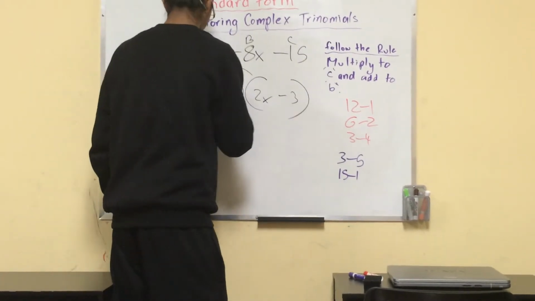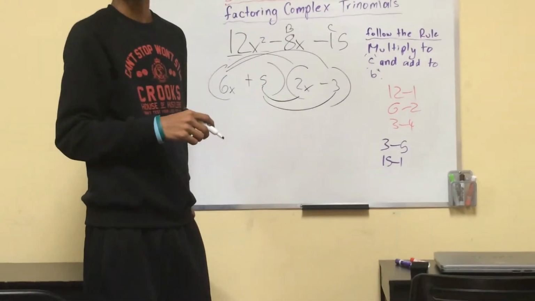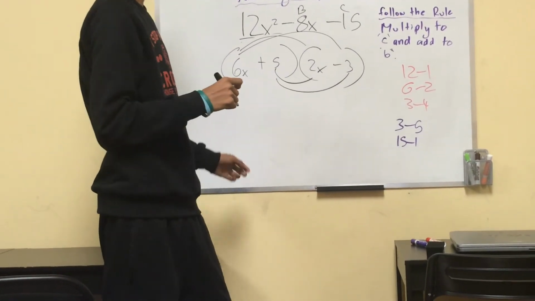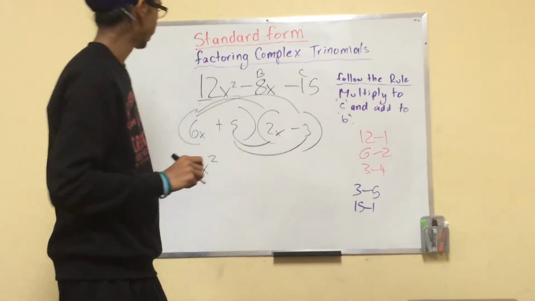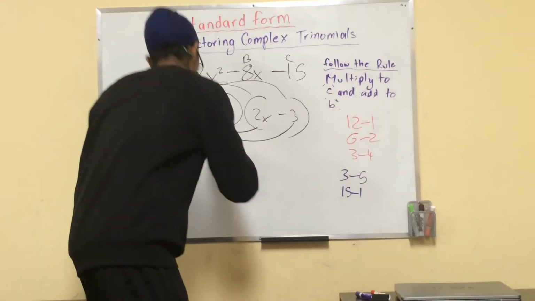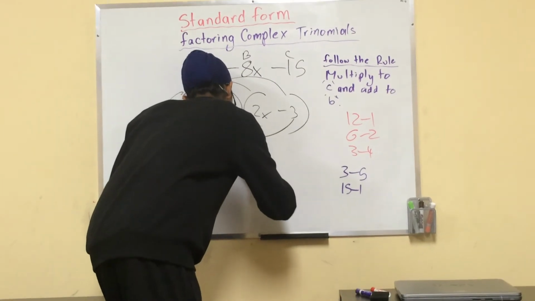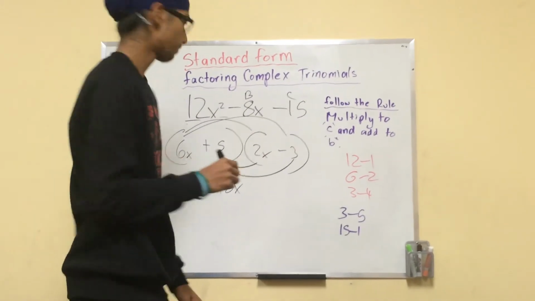So now, what's 6x times 2x? It's 12x squared. Okay. What's 6x times negative 3? Negative 18x. Correct. What's 5 times 2x? 10x.